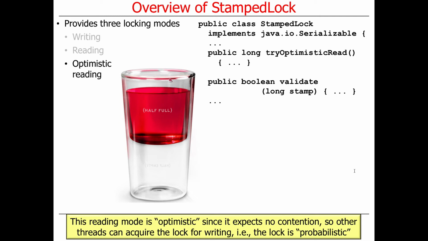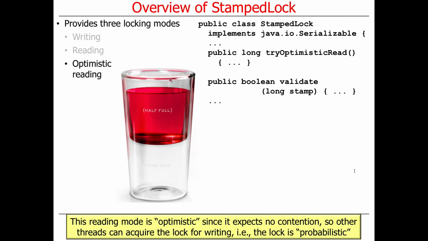So what this essentially says is we're going to use optimistic read locks if we suspect there won't be contention, so you expect that nobody else is trying to write to the lock. However, if somebody does write to the lock, there's a way to find out. And that's where things get a little subtle, and I'll explain how that works.